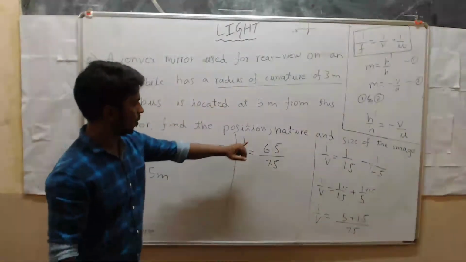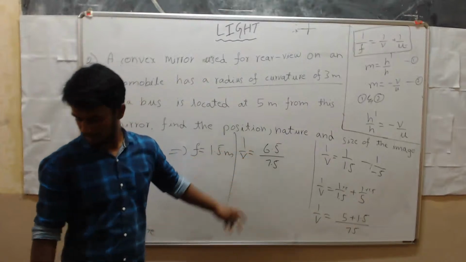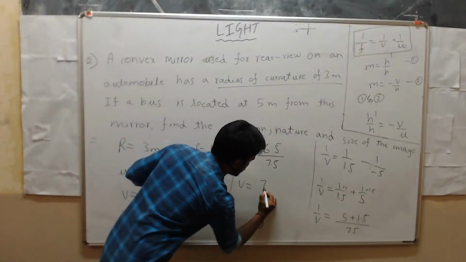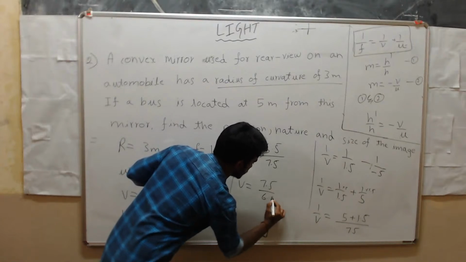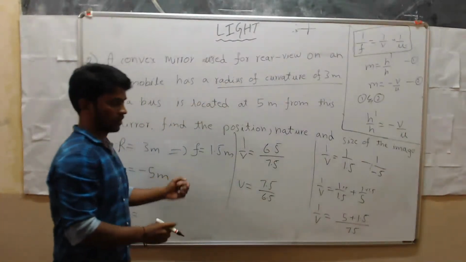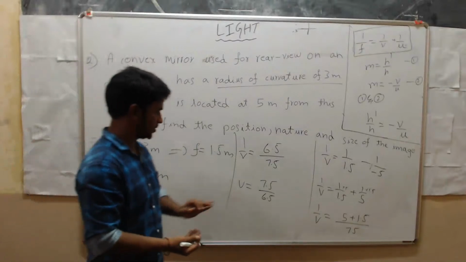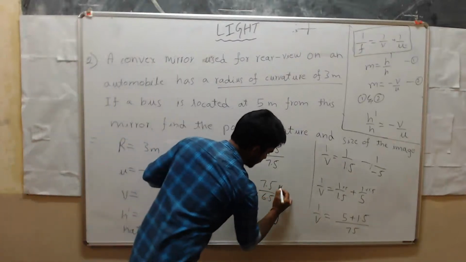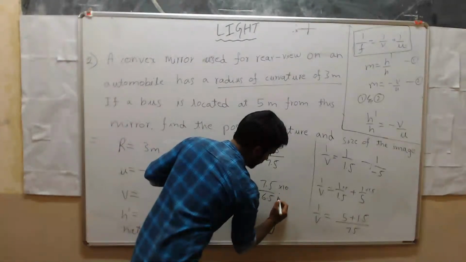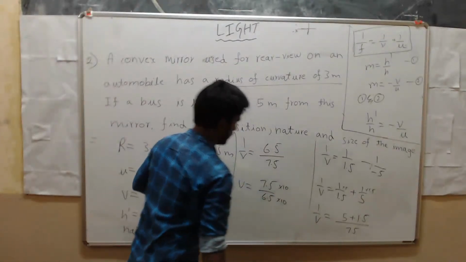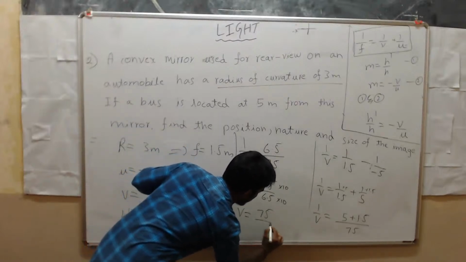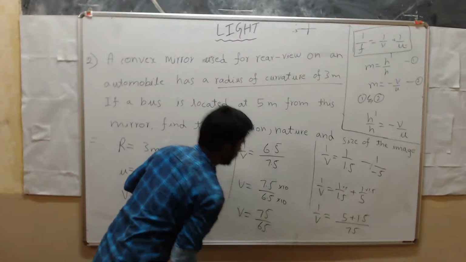Now this is 1 by v. We need v, so we can write v is equal to 7.5 divided by 6.5. How to divide this? Better to multiply by 10 and divide by 10. Then we will get v is equal to 75 divided by 65.